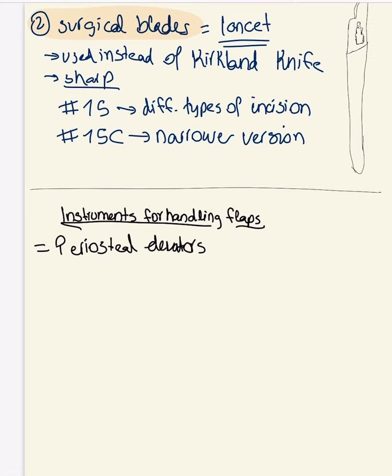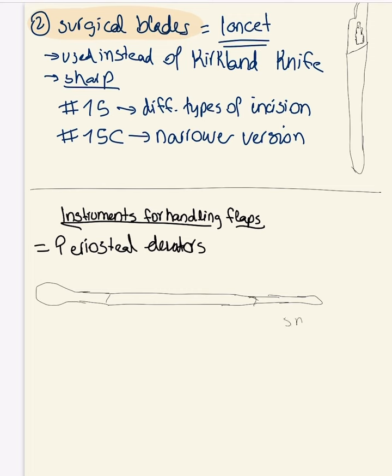So they look like this: we have here the handle. Then we have here the shank. Then we have a spoon-shaped end, which is very small. This one is much bigger than the other one.